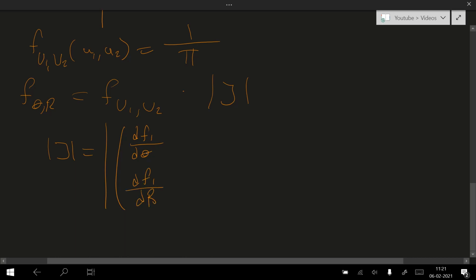So we take the derivative with regards to one variable, then the other, and we do the same for the other function.